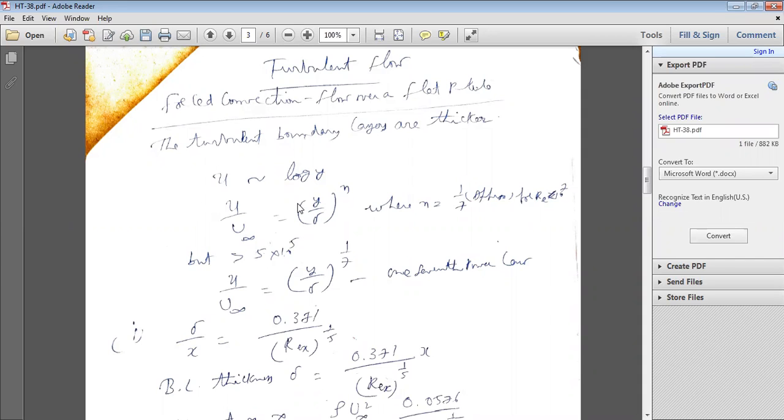So here, velocity is not directly a function of y by delta. Here velocity is a function of y by delta whole to the power n.